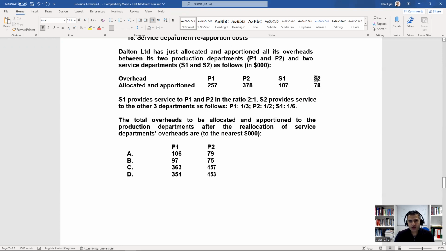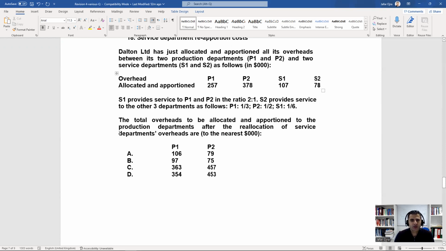Now S2, service department 2, provides service to the three departments: P1 as 1 divided by 3, P2 half, and S1 1 divided by 6.